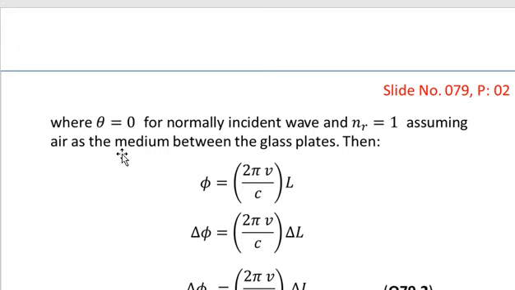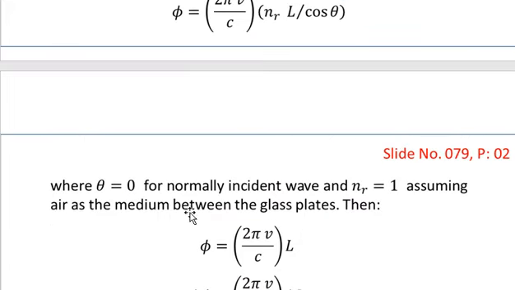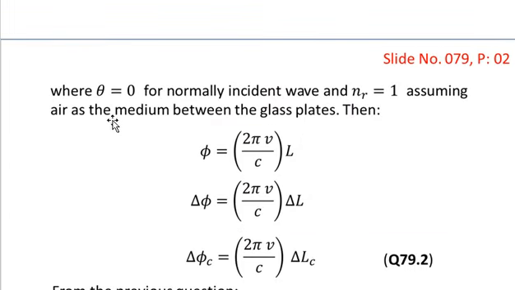Since, as said earlier, we are assuming a normally incident wave, we can take the value of theta equal to 0, and we are also assuming that nr is equal to 1, that is the refractive index of the medium between the two glass plates is air.